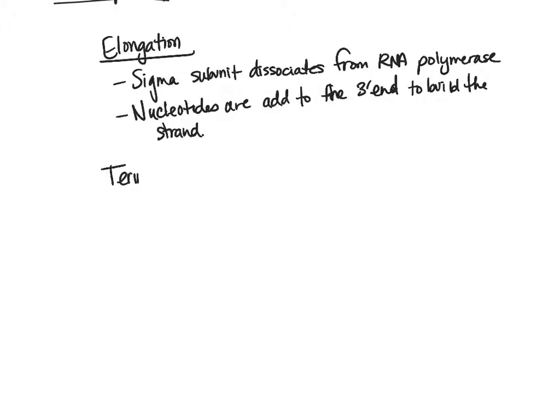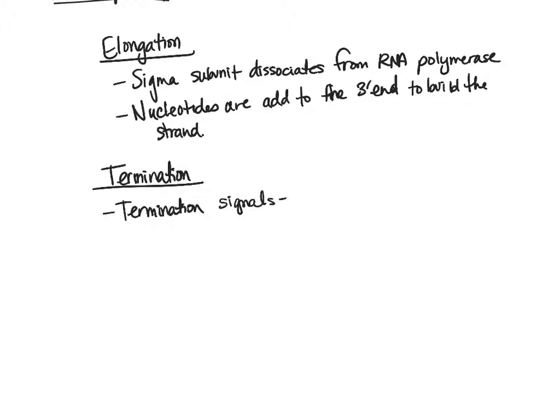until we have termination. In termination, we actually have what are called termination signals. And termination signals are really just repeated nucleotide sequences. So in the DNA itself, we have the same nucleotides over and over and over again. And what this does is it causes that RNA polymerase to kind of stall.